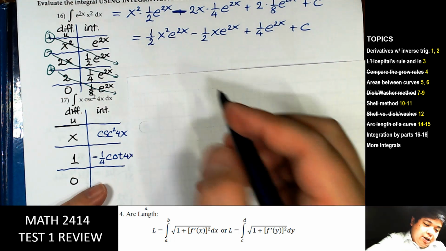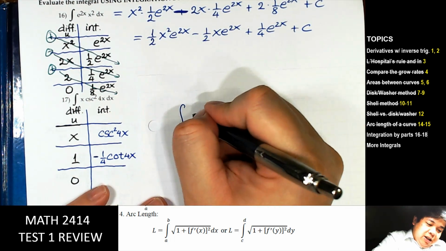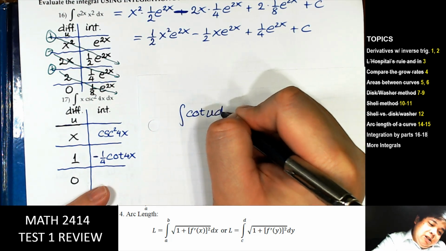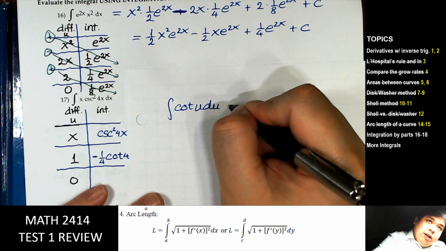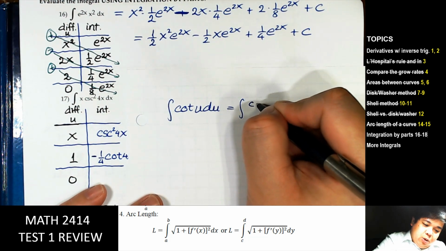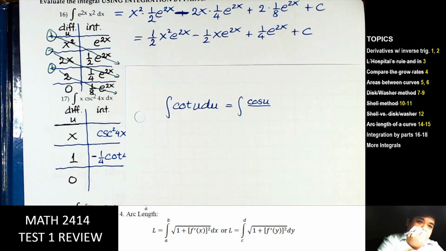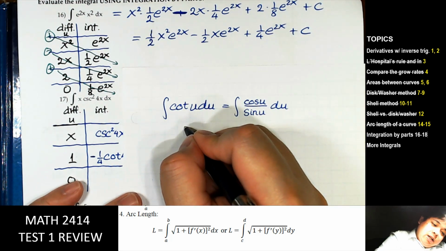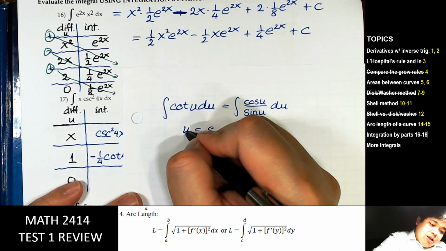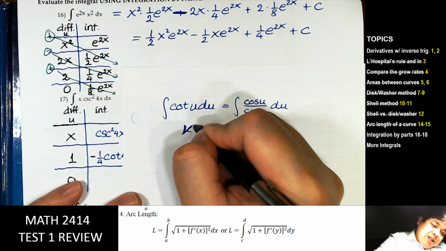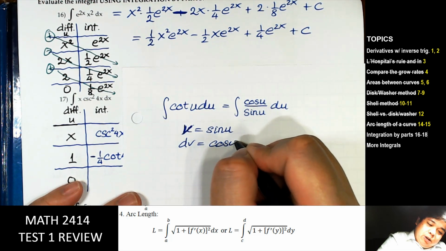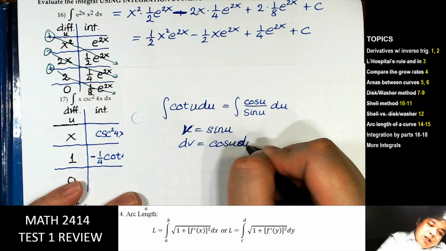Of course, cotangent of something is cosine over sine. Let v equal sine u, dv equals cosine u du.